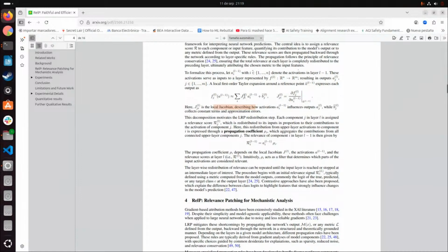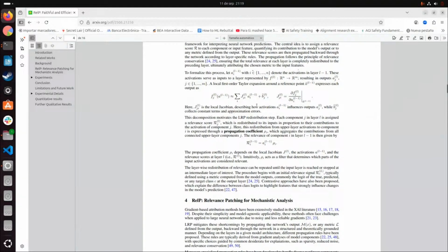Okay, sorry, J is the Jacobian. They have the Jacobian multiplied by the activations plus some bias, and they are trying to approximate that with some function.